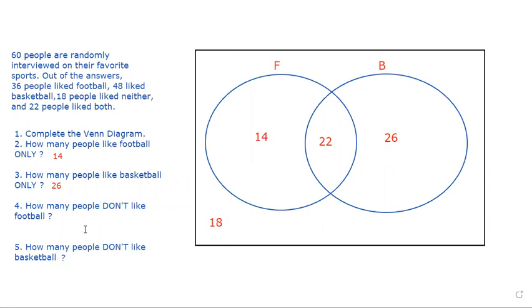Okay, then we say how many people don't like football. Now this one can be a little bit tricky if we move too fast. Who don't like football. There are 26 people out here who do not like football. They only like basketball, all right? But don't forget about the people who like neither from the start.